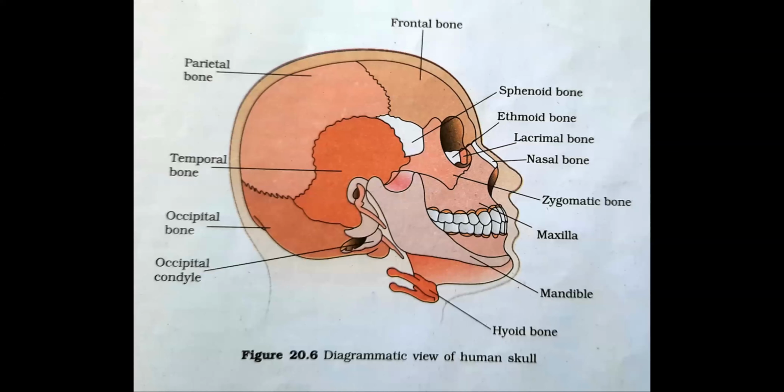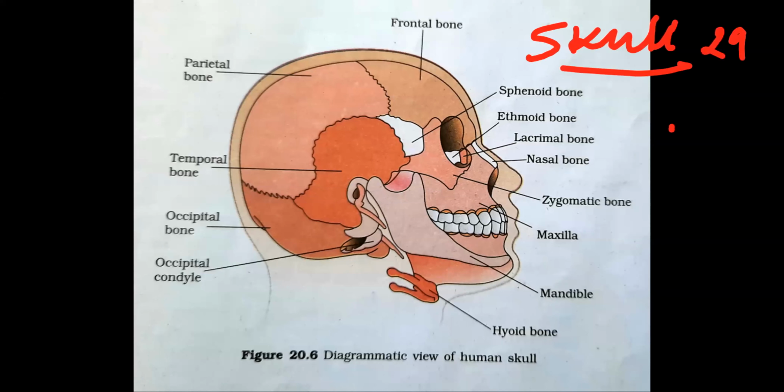The human skull is actually made up of 29 bones. In books, you will read there are 22 bones in the skull. Why does one source say 22 and another 29? I will explain that difference to you.